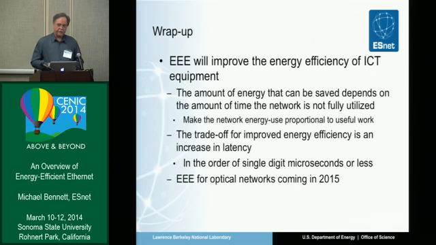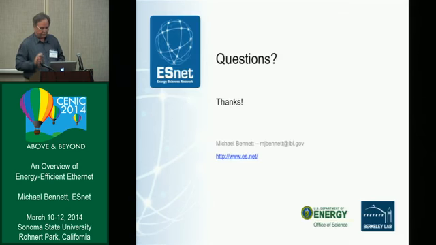The obvious trade-off here is the increase in latency. Again, it's in the order of single-digit microseconds or less, and the newest version of IEEE will be coming next year. And with that, I'll take any questions you might have.